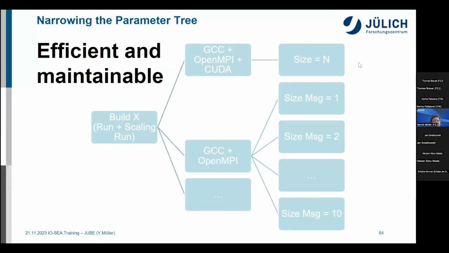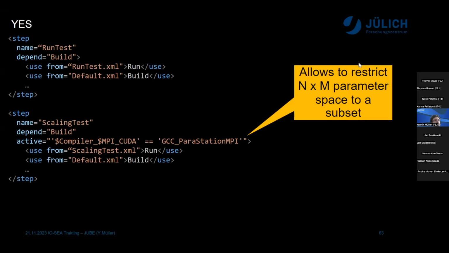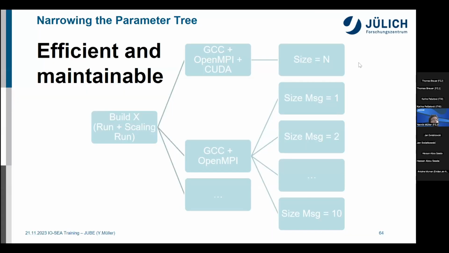And if you execute this script now, then you actually have only the 5 needed build steps. And for each one, you have the normal run. And additionally, you have the scaling run on top of the stack that we defined here. So you have actually merged it.